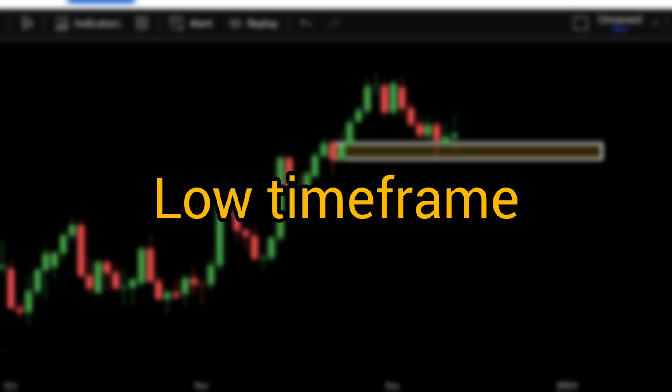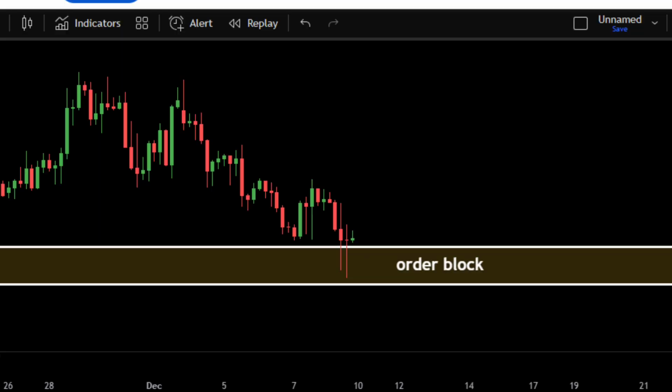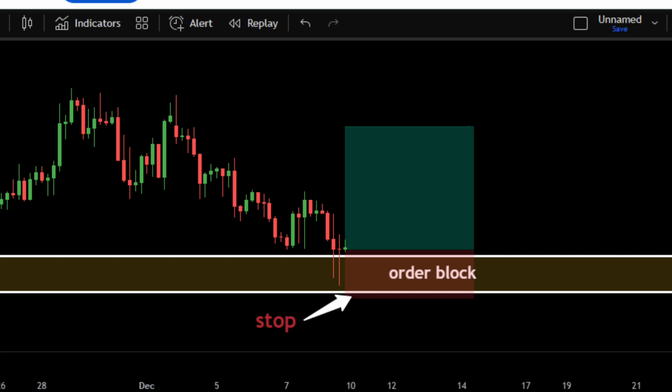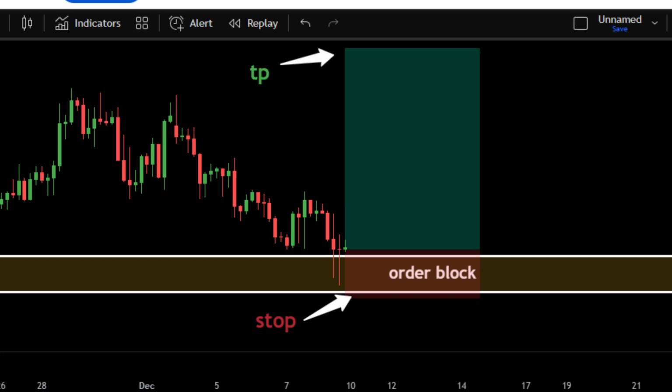Strong reversal candle, pin bar, bullish or bearish engulfing. Minor structure break on a lower time frame. After confirmation, you can enter. Stop loss goes just beyond the order block. Target the previous high or low, or set a risk-reward ratio like 1:3.